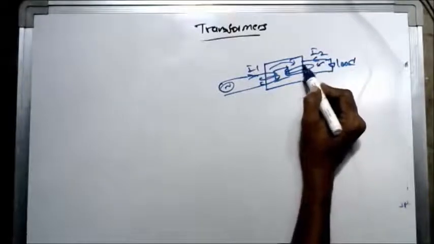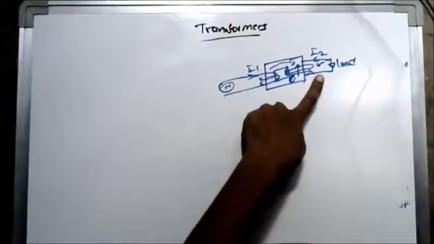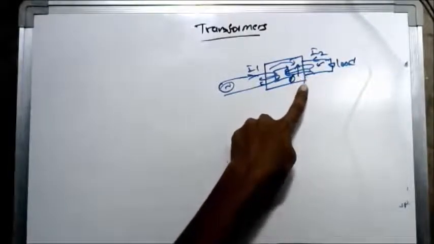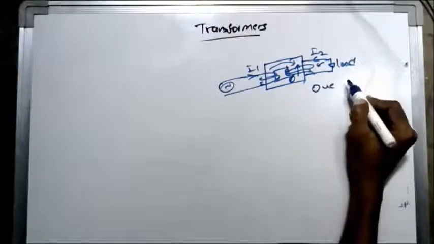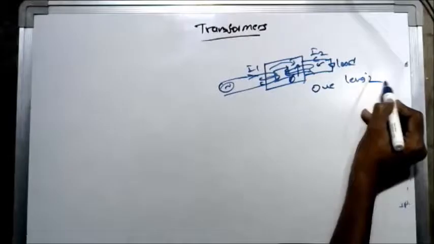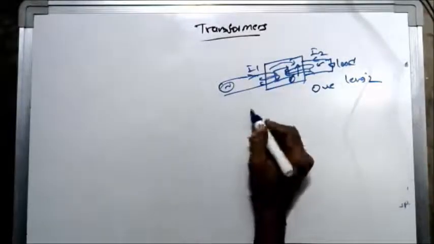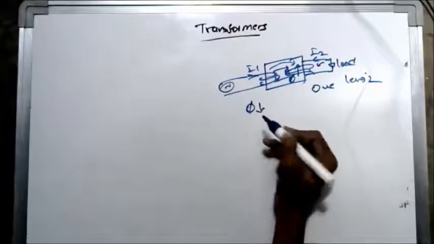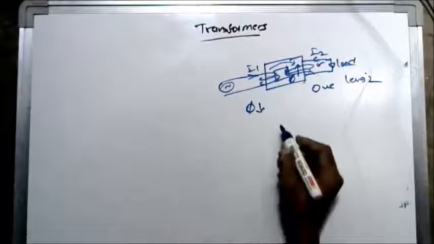This current opposes the core flux phi due to Lenz law. So as it opposes, there is a reduction of phi in the core. This reduction in phi reduces the E1.